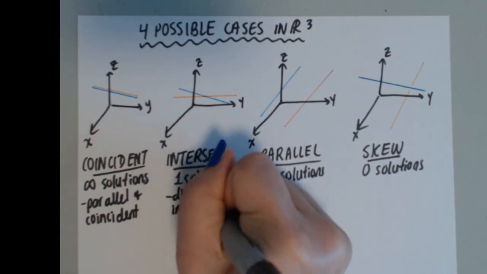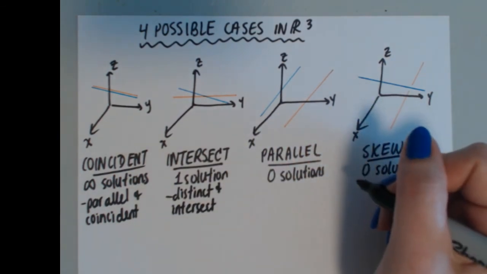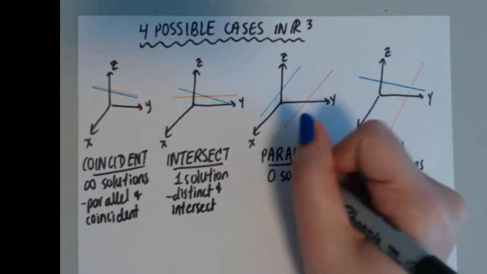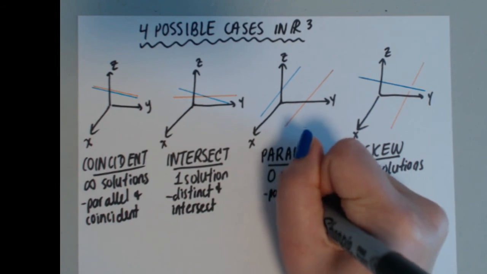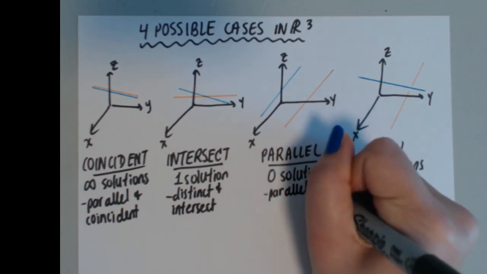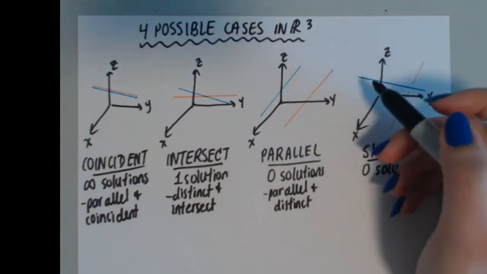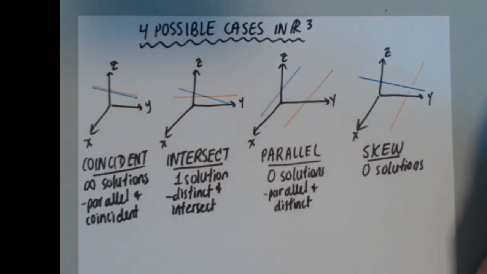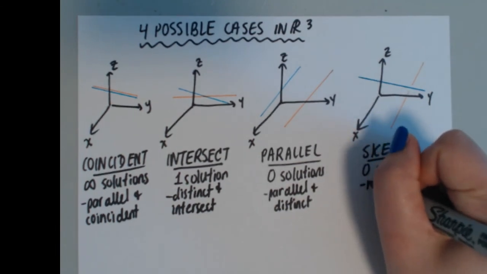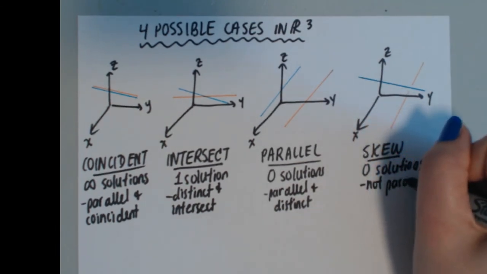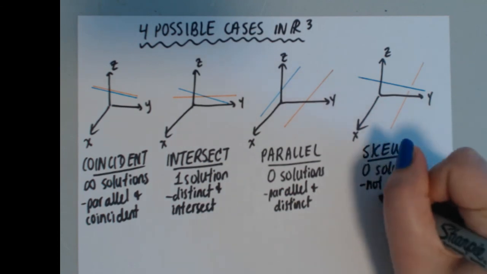Distinct would also imply that they have different direction vectors. If they're parallel, of course one word we're going to use to describe this is parallel, and distinct. Now in this case they do have the same direction vector, but they are two separate lines. And skew, here they are definitely not parallel, and they are distinct.